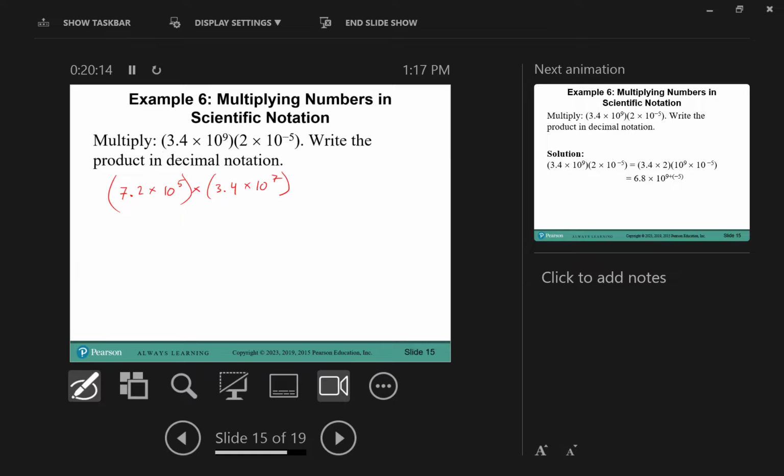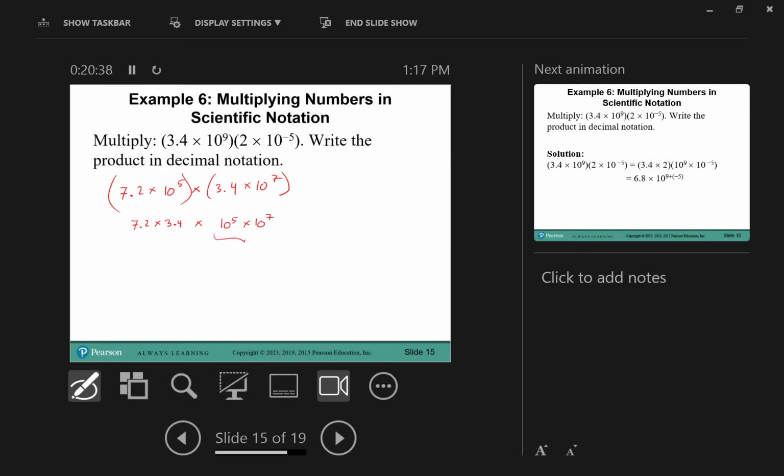Now, I will cheat a little bit. I won't show all of my work with 7.2 times 3.4, but I will show that we can do that same kind of trick. I don't need the parentheses, and I can rewrite my multiplication. So I'll write this as 7.2 multiplied by 3.4, and I'll work that out, and then I'll work out 10 to the 5th multiplied by 10 to the 7th.